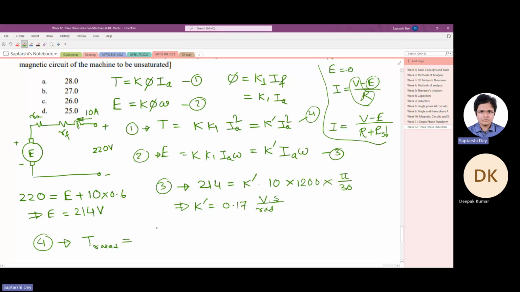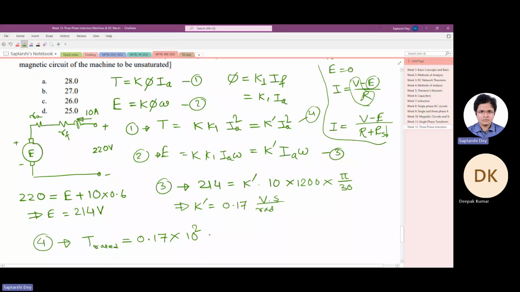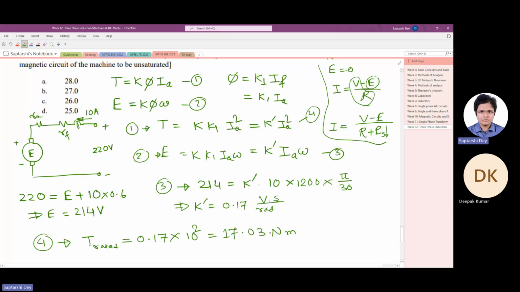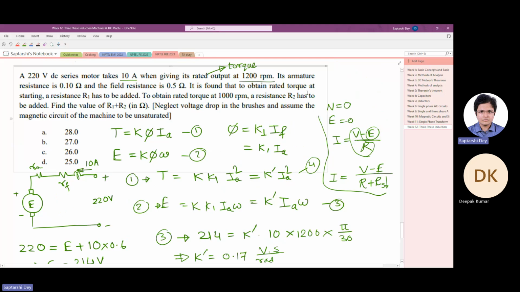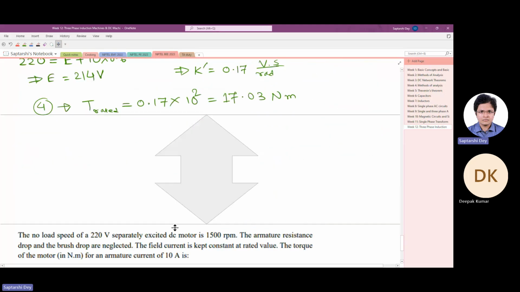It is K prime times Ia squared, which will give you 17 Newton meter. If you take the decimals you will get something like 17.8 Newton meter. Okay, now we have got as much data as we could. Another question says it is found that to obtain rated torque at starting, resistance R1 has to be added. So let us see what the condition is at starting.